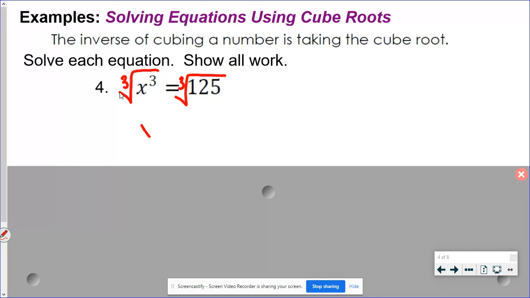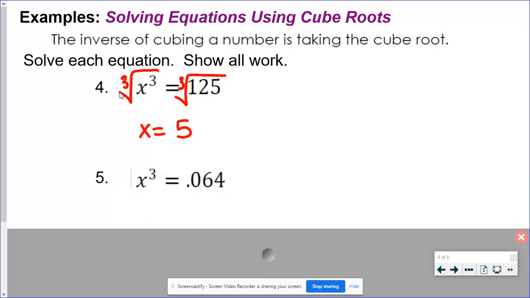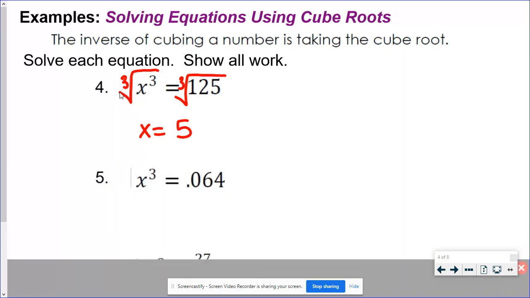So the cube root of 125 is just 5. Notice I didn't write the plus or minus part because I can't use both on this. Positive 5 works: 5 times 5 times 5 is 125. But if I had a negative 5, negative 5 times negative 5 is positive 25, times another negative 5 would be negative 125. That's not going to work here. So I have to just have the one answer.